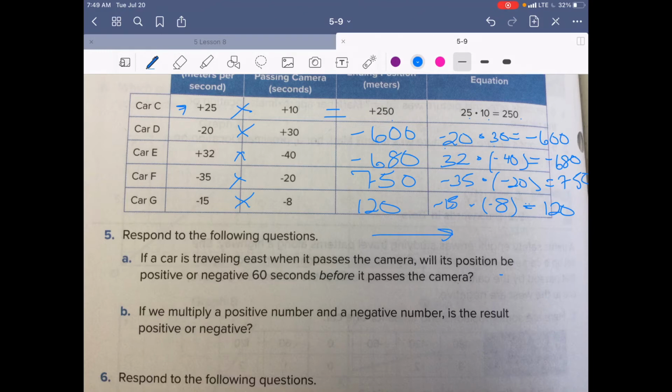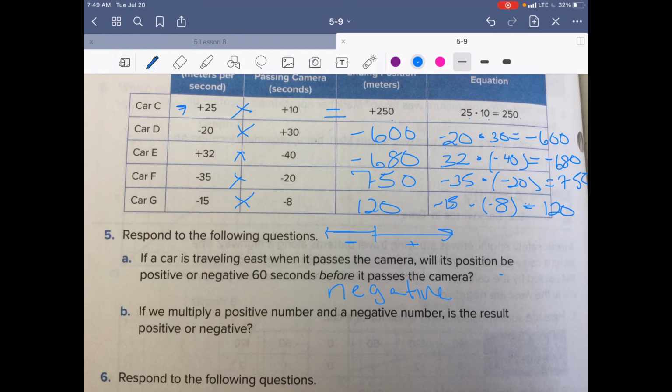So here's our camera, and we have our negatives and our positives. Where is it going to be 60 seconds before it passes the camera? That's right, it's going to be in a negative distance because it's approaching the camera.